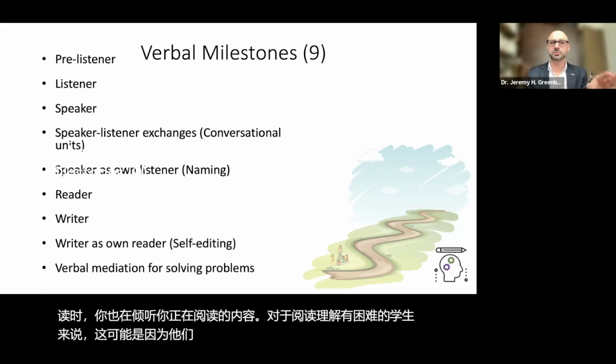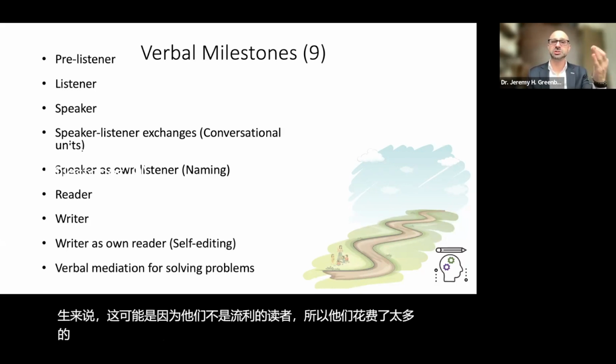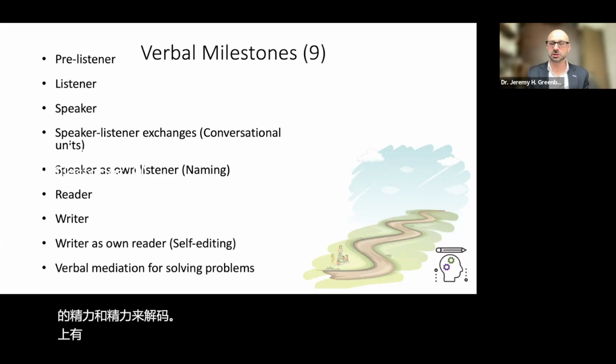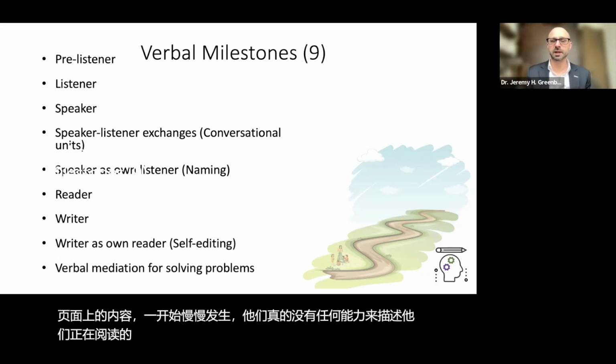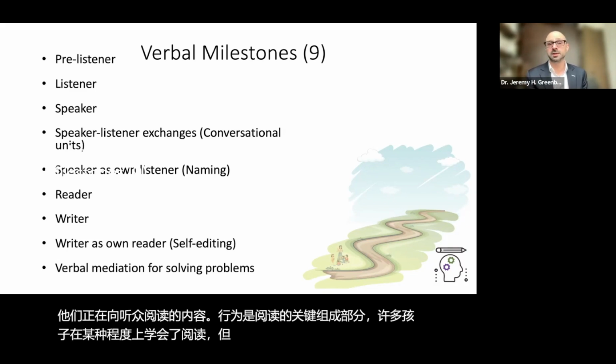And so they're taking so much energy and effort just to decode what's on the page, and it occurs slowly at first, that they really just don't have any more capability to describe what they're reading. So listener behavior is a key component to reading. And many children learn to read, but they can't talk about what they've read. And that's because the listener component is a little bit underdeveloped.